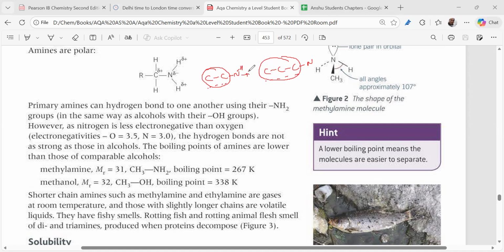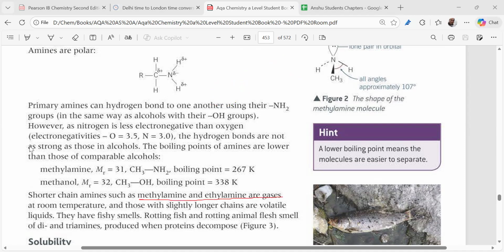This amine part will be attracting another amine by permanent dipoles, right? But if you increase this portion, it will increase the attraction forces by London dispersive forces. So methylamine or ethylamine will be gases at room temperature, right? Isn't it?